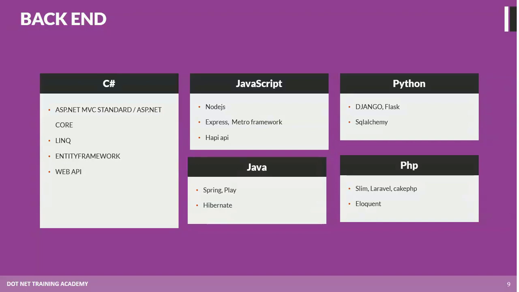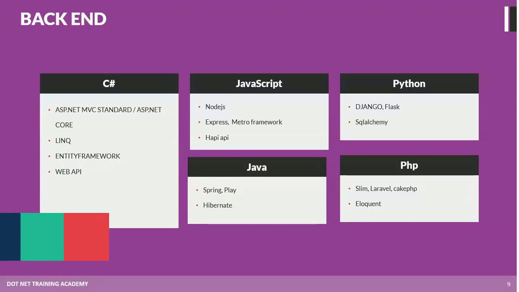It may be any of your choice, but I'm just telling you these are the famous libraries and frameworks out there in these languages. C# was completely a Microsoft world before, but now it's not only a Microsoft world, it's also an open source world.